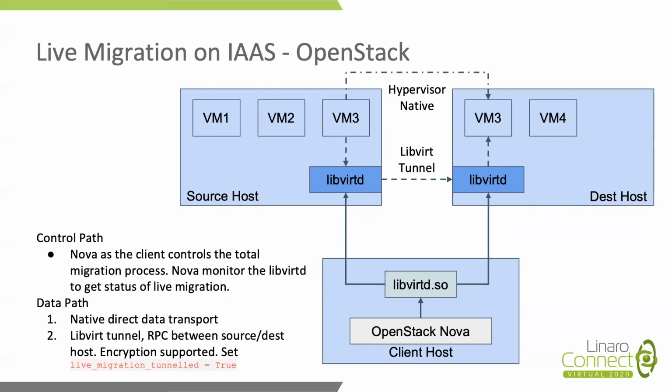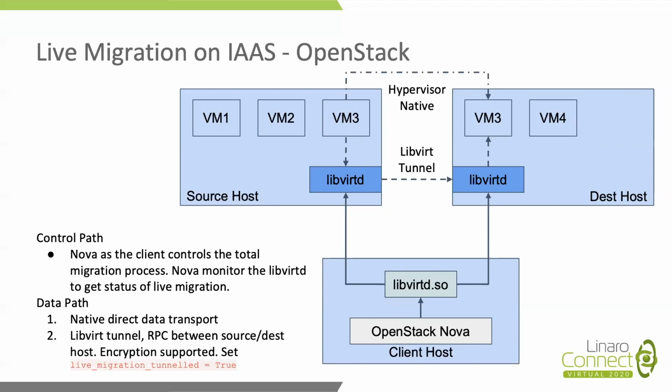Both of them are controlled by OpenStack, and both serve as compute nodes. Nova acts as a client to talk with Libvirt to control the migration flow, and we want to migrate VM3 from the source node to the destination node. In the control path, Nova will monitor and trigger all the migration processes.